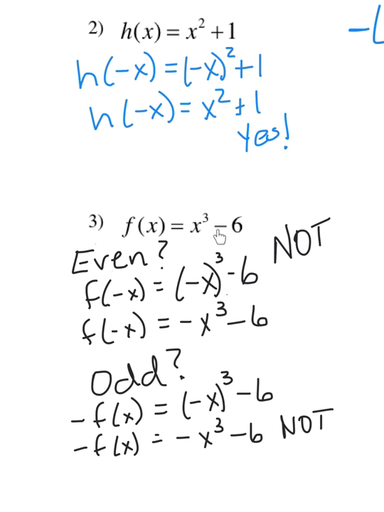So that can't happen. And so since we can't have this ending up being a positive 6, we end up with negative x to the third minus 6. And this is not the same as this. So it's not odd. So this one is not even, it's not odd, so it's neither.